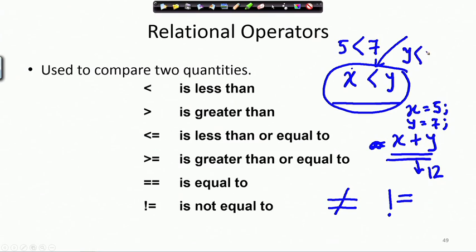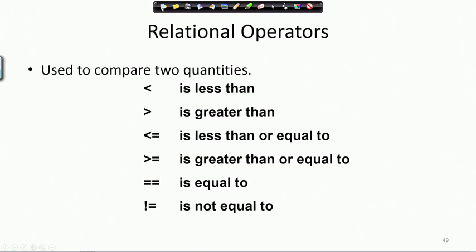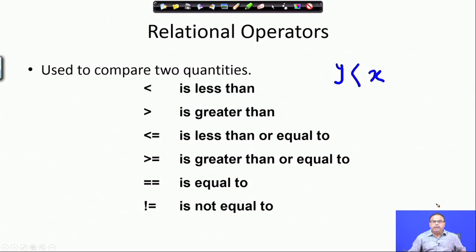Okay. If I write y less than x, it will return me false, because y is 7 and x is 5. Then this will be false, this would return 0. Okay.